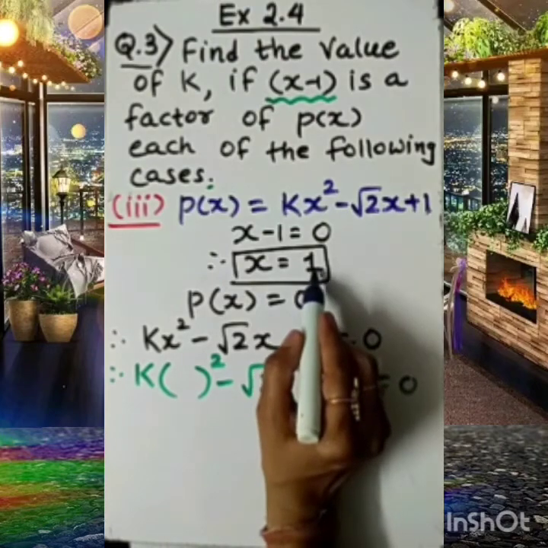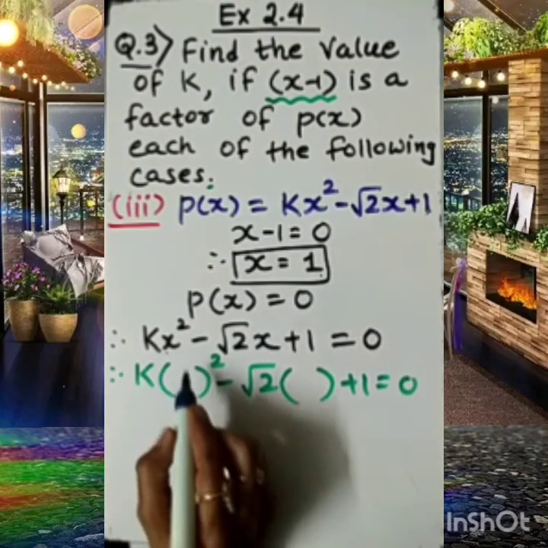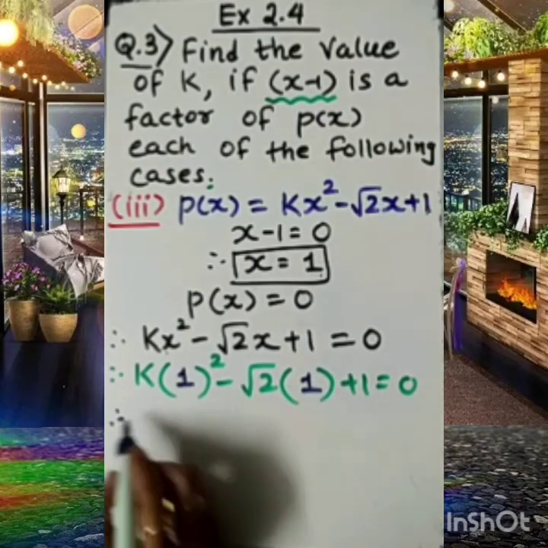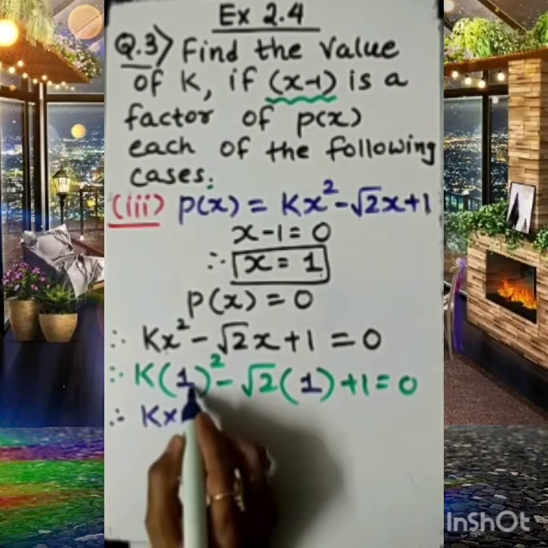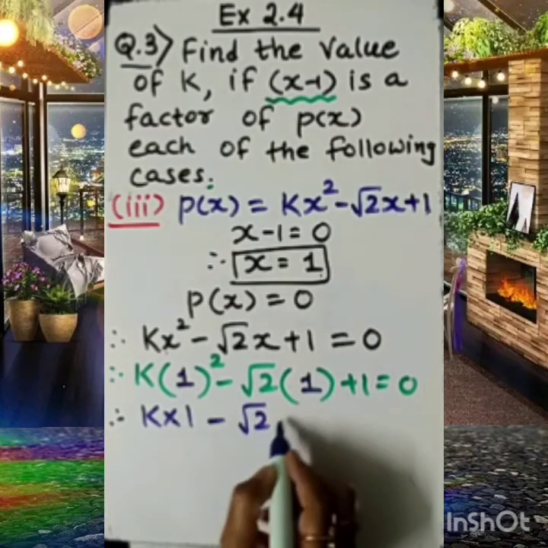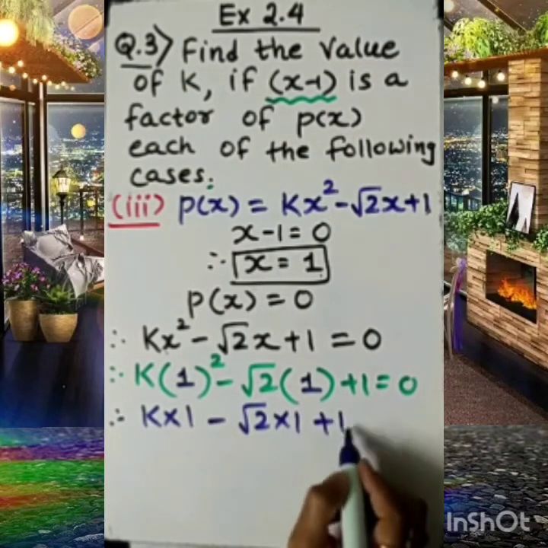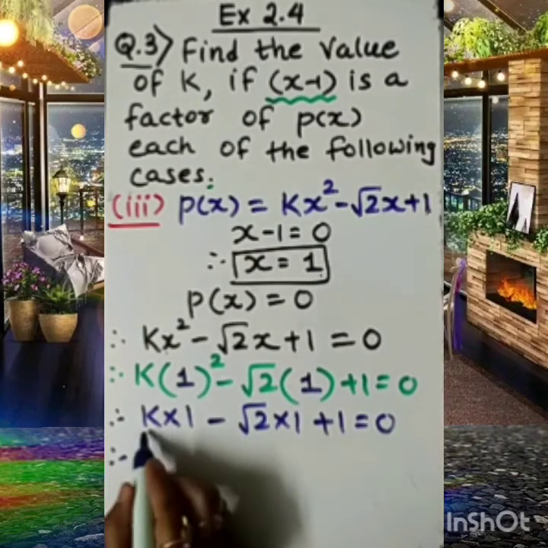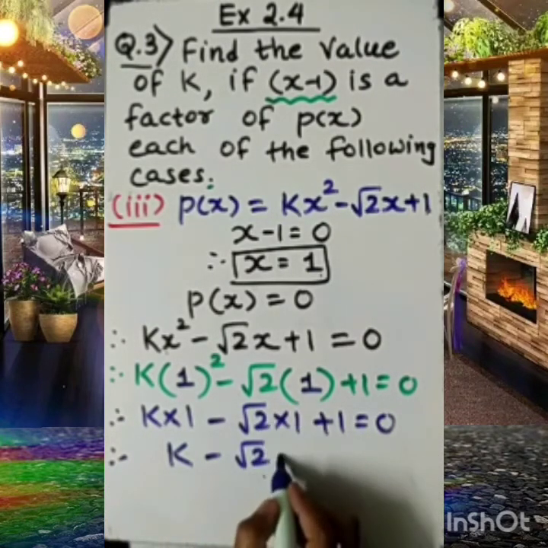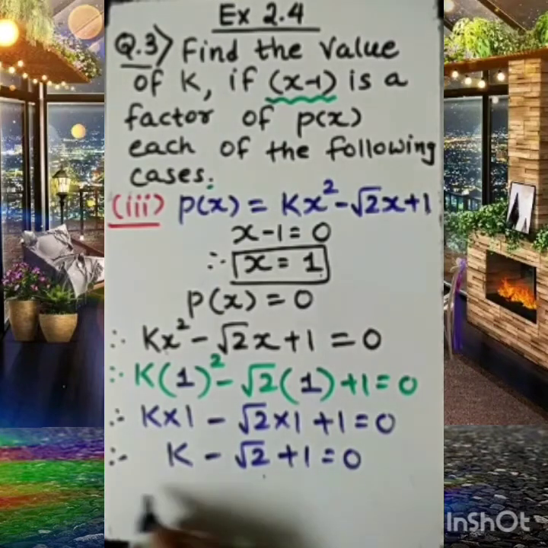As we know, we need to write here the value of k. x is 1, so I am writing 1. Now we know k square, 1 square is 1. Root 2 into 1 plus 1 equal to 0. k into 1, k. Root 2 into 1, root 2, plus 1 equal to 0.